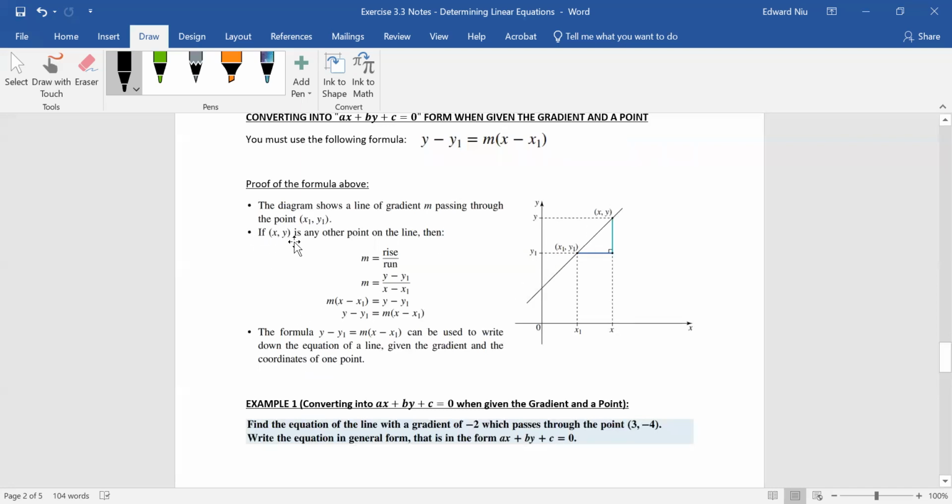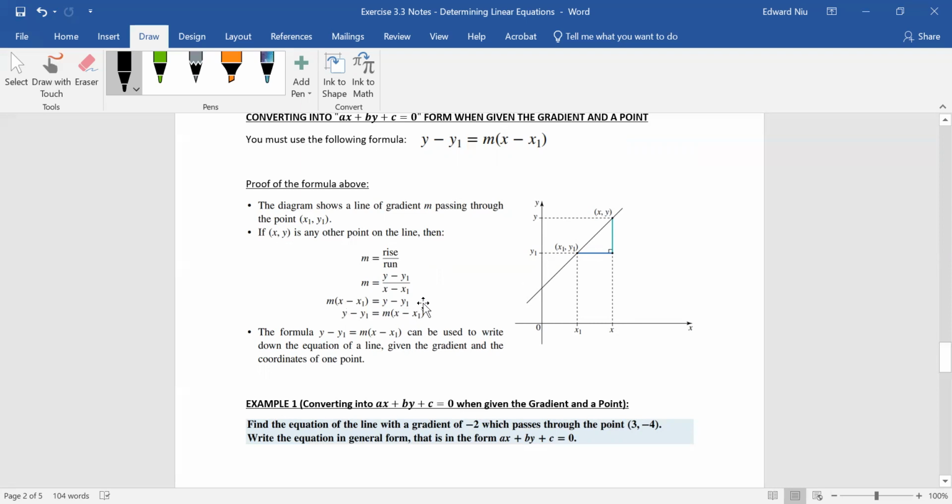If x, y is any other point on the line, this can be any point along the line, then the rise over run, y take y1 divided by x take x1, is going to be the same as m.